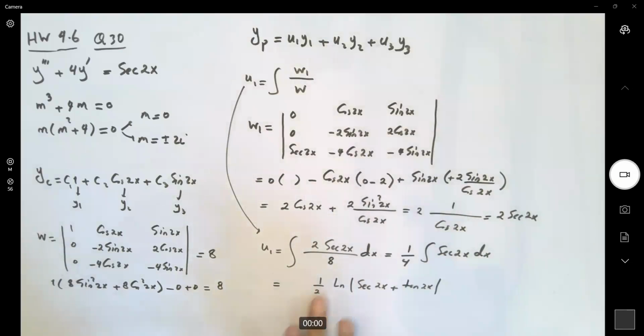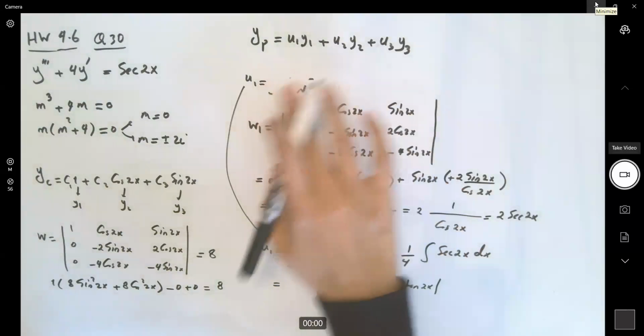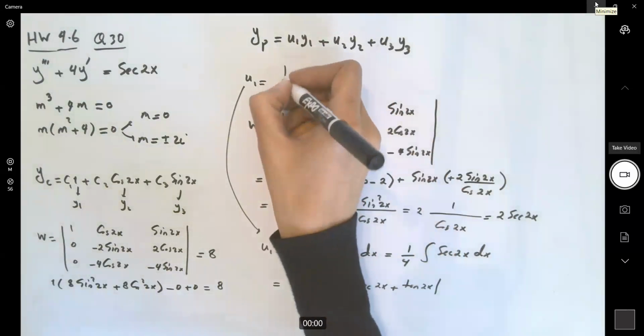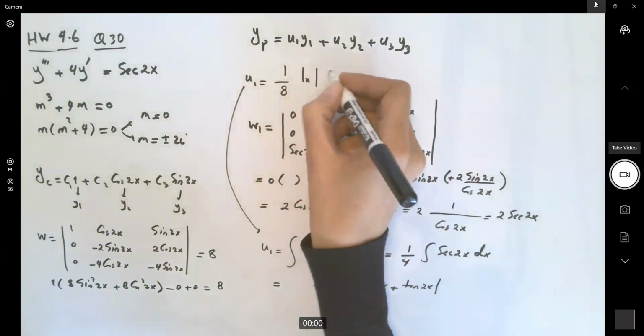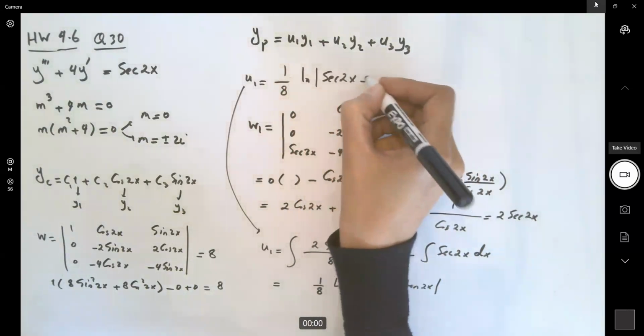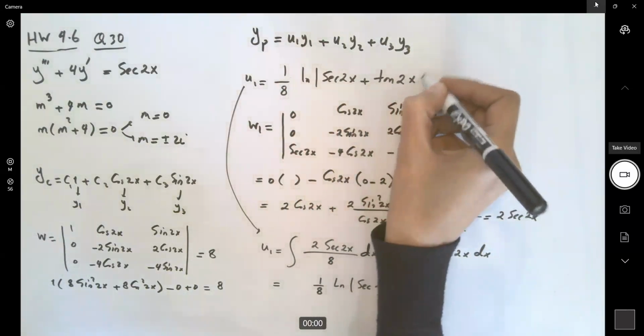So you get 1 over 8 ln of the absolute value of secant 2x plus tangent 2x. Very well, so this is our u1. Let me write down u1 up here: 1 over 8 ln of the absolute value of secant 2x plus tangent 2x.